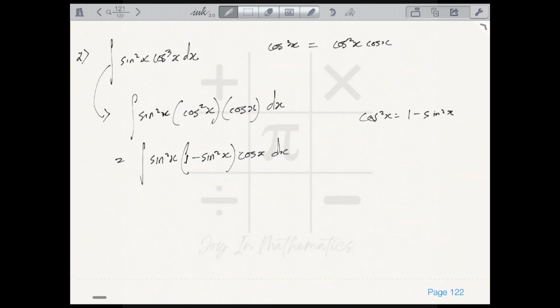Opening the bracket, we'll have integral of sine square x cos x minus sine raised to power 4 x cos x dx. Now, instead of going through substitution, we just apply the principle that we have learned here.